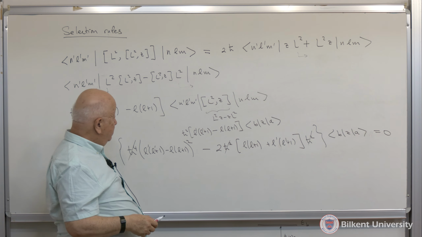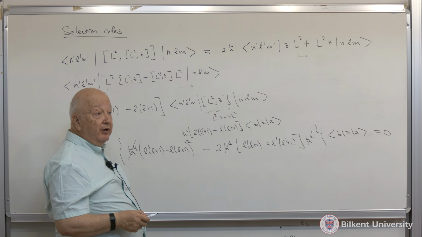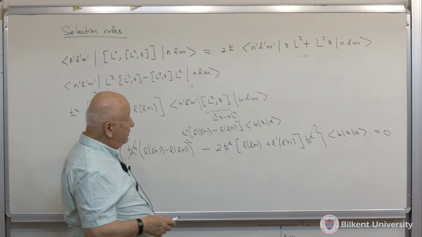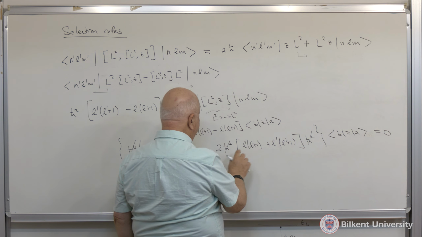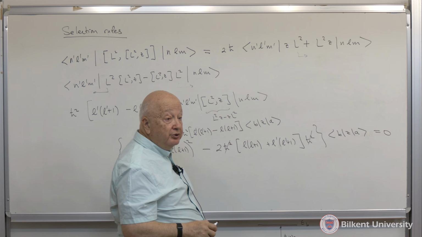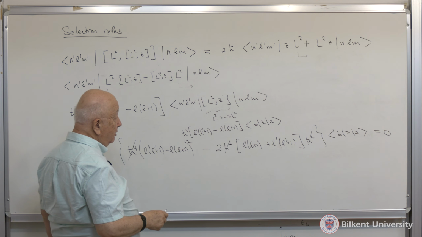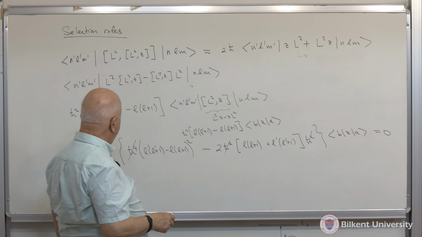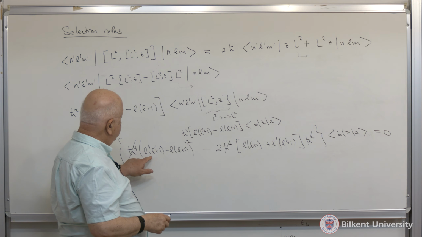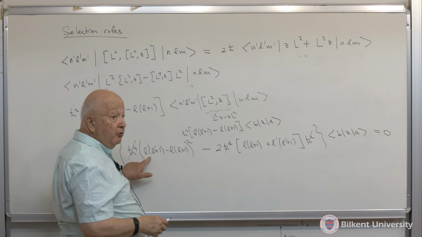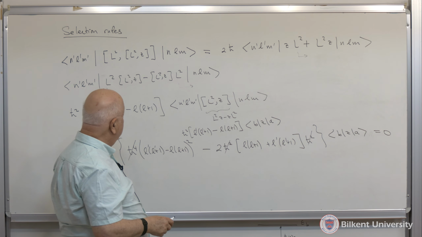So this again, you see, is a selection rule for these l's. So if this is not going to be 0, I need to have this thing equal to 0. And unfortunately, this is also not so simple to simplify because you see these are second power of L squared, so fourth power of l.